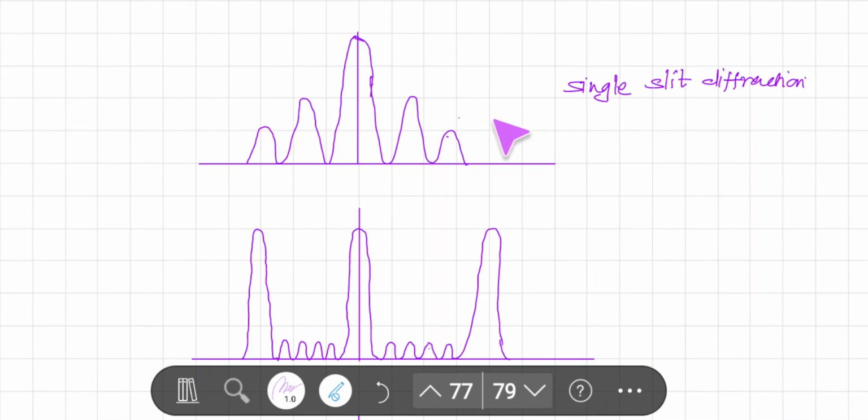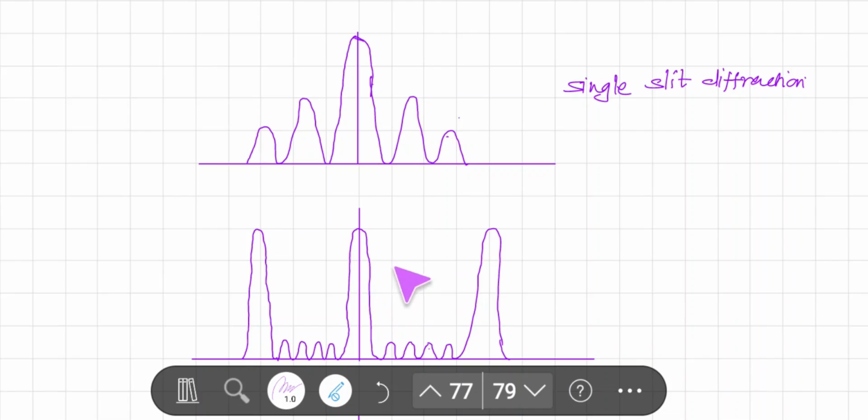Now here you can see, we already saw in the case of single slit diffraction that we get this kind of pattern. Now when we talk about multi-slit diffraction, we get this kind of pattern, where depending on the number of slits N, we get principal maxima, as well as secondary minima and secondary maxima, and we get this kind of graph.